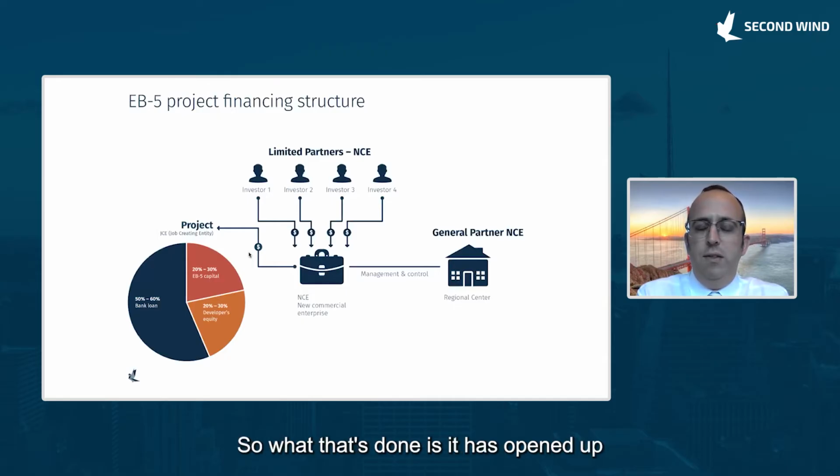So what that's done is it has opened up a market for what are called mezzanine loans, which is what we primarily do. Some of our projects in the future will also be senior loans, which I'll get to in a minute. But basically, that allows the EB-5 capital to come in at that mezzanine loan part of the capital stack.